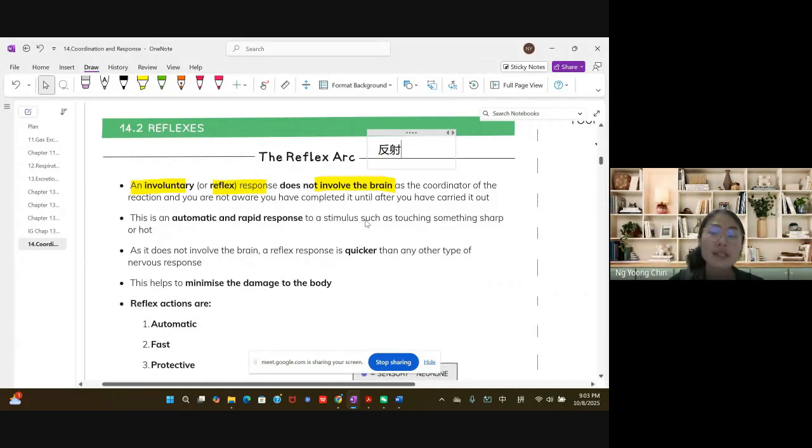For example, if someone touches your eyes, your eyes will close in order to avoid injury. Your eyes do it by themselves. So this is called reflex.